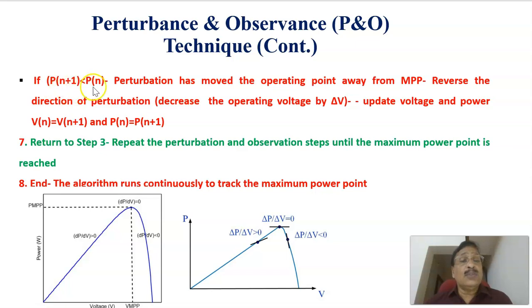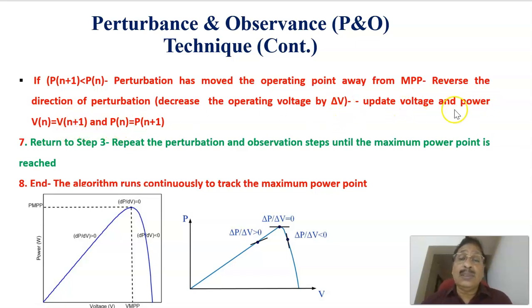If Pn plus 1 is less than Pn, it means that we are in the region towards the right side of the maximum power, and the perturbation has moved the operating point away from the maximum power point. In that case, in order to reach the maximum power point, you have to reduce the voltage by a delta V, and the new voltage is calculated, and based on that the new power is calculated.